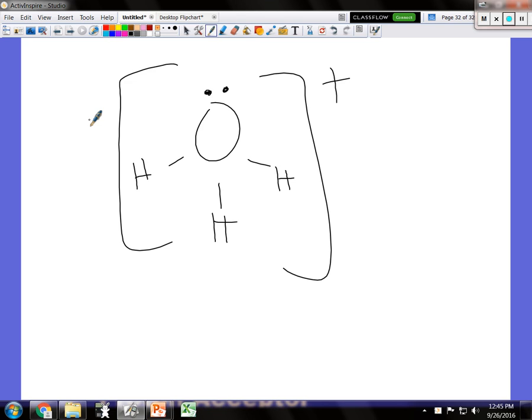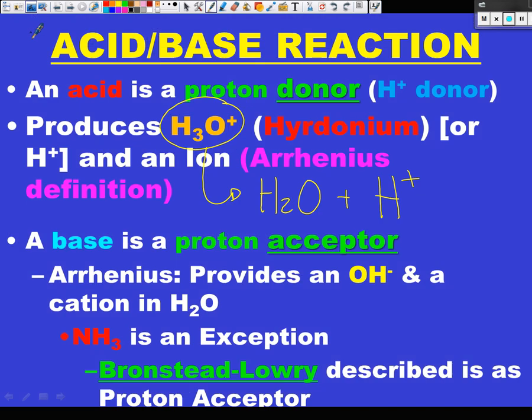Okay, what shape is that? Trigonal pyramidal, bond angle, yeah, that's right, 107. Polar, nonpolar? It is polar. What type of IMF? It's a hydrogen bond. Okay. All right.